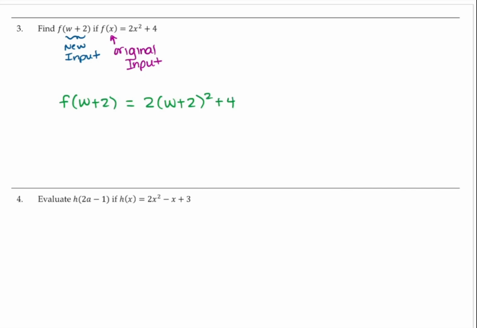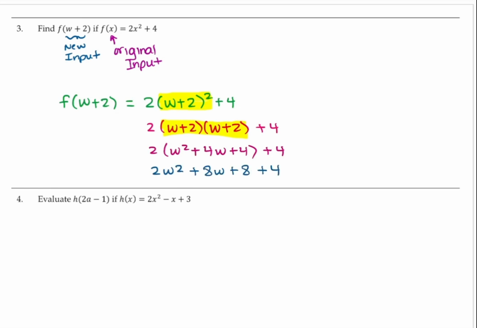And here we have to do our exponent first. So I'm going to show all my work for this one. This is telling us to take w plus 2, write it twice. Still focusing on that w plus 2 piece, we need to do distribution on that, using the 2, distributing it to everything inside.